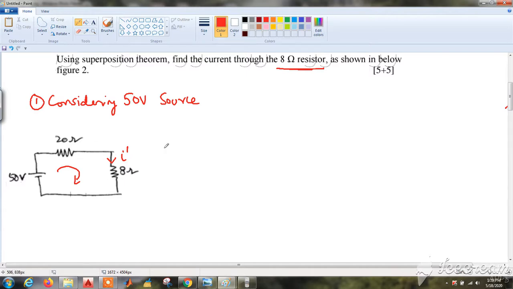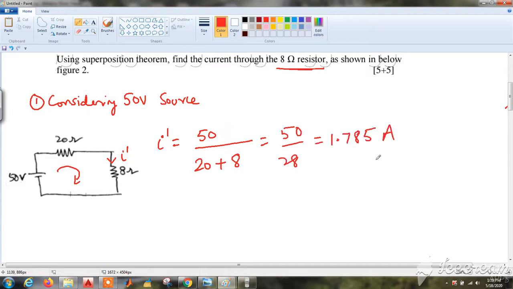According to Ohm's law, V equals IR, so I equals V by R. Therefore I dash equals V, that is 50 volts, divided by R. What is R? We can see that 20 ohms and 8 ohms are connected in series, so 20 plus 8 ohms, which gives 1.785 amperes.